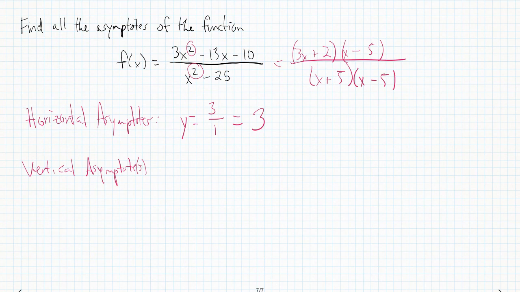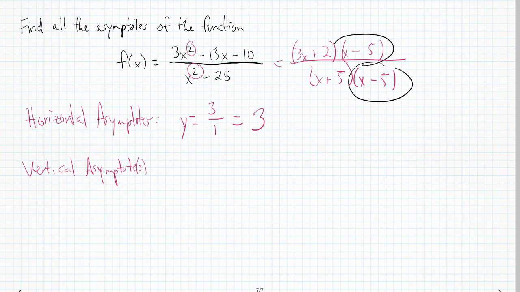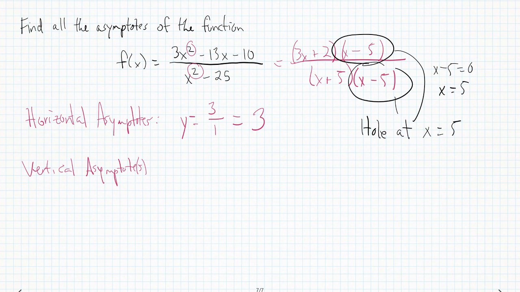Now, this actually gives us some useful information. This piece right here, usually we just look at the denominator, but it isn't that simple all the time. We have a common factor in both the numerator and denominator. Since you have x minus 5, and by the way, x minus 5 equal to 0 means x equals 5, since it's in both the numerator and denominator, it's a hole at x equals 5.